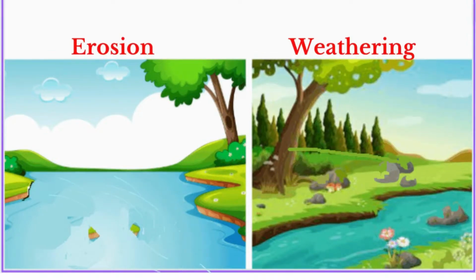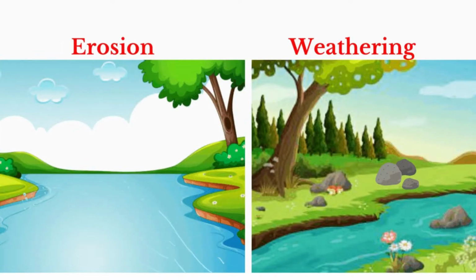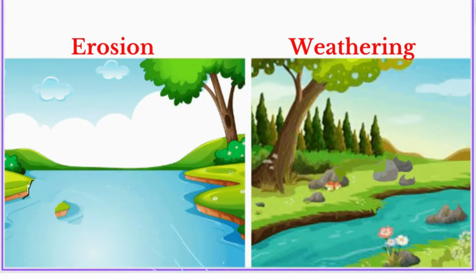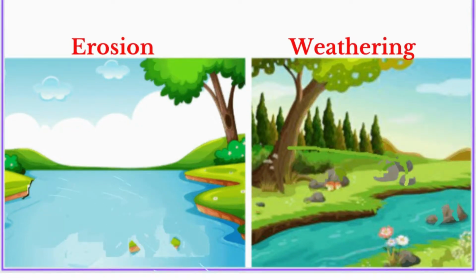Weathering and erosion are both processes of denudation. So they are both responsible for the lowering of the land surface.